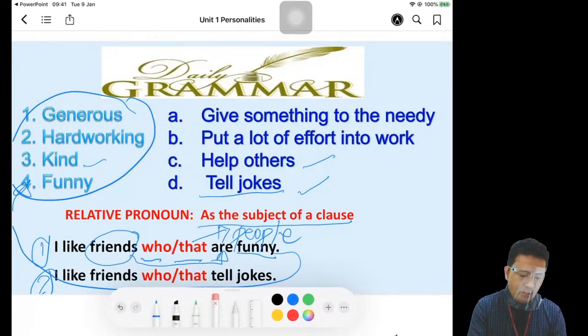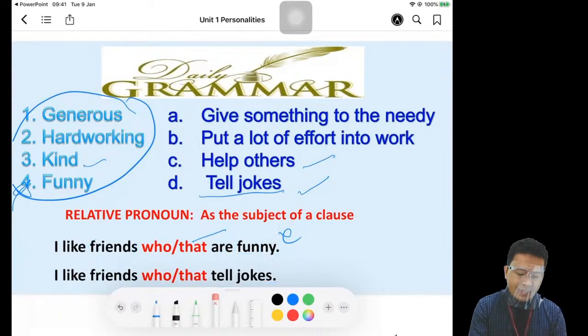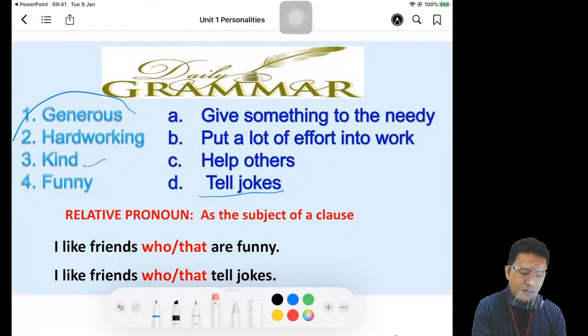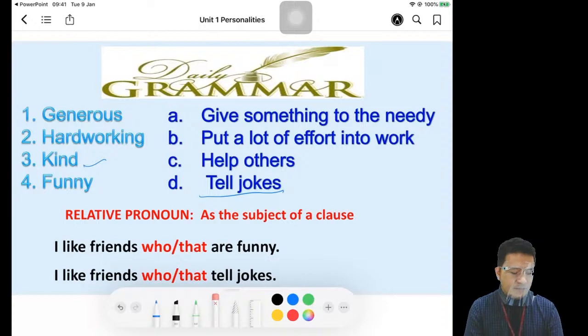This time, I want you to practice using the vocabulary words 1, 2, and 3 in a sentence using who or that as our relative pronoun. And you can use the words football coach, playmate, friend, teacher, brother, or mother.